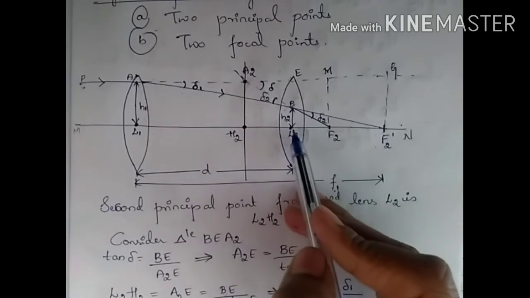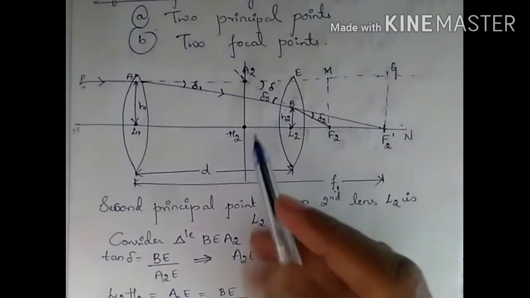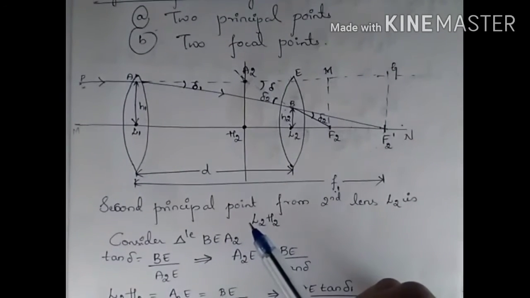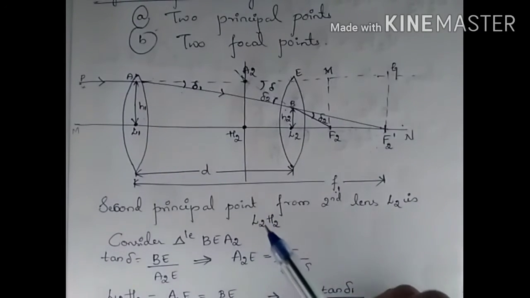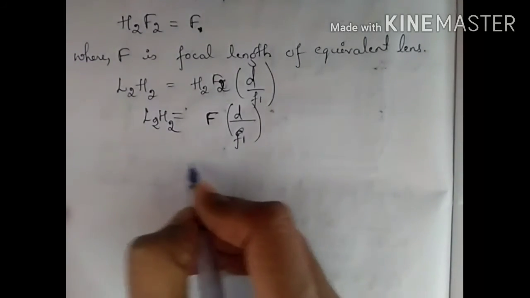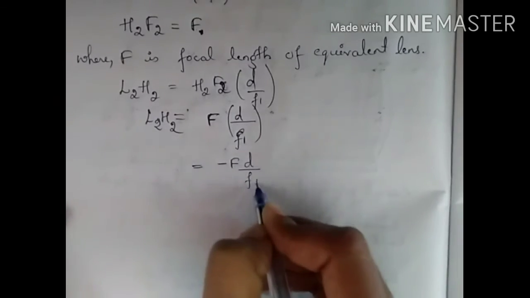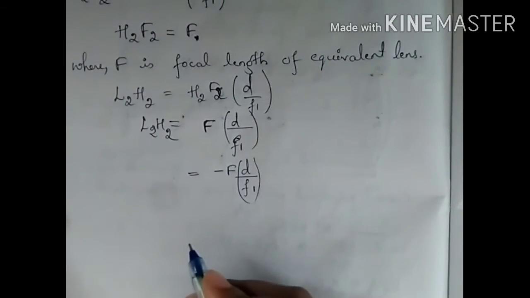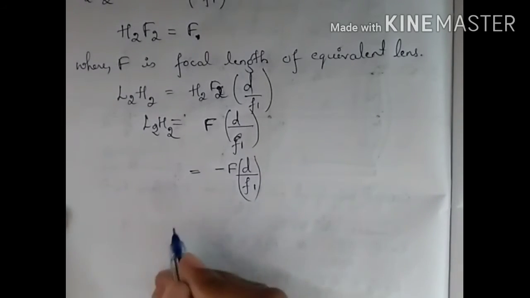So from the sign convention, we take this as negative. Since H2 is placed at the left of L2, the distance will be negative. So let us write that here: minus f d by f1.